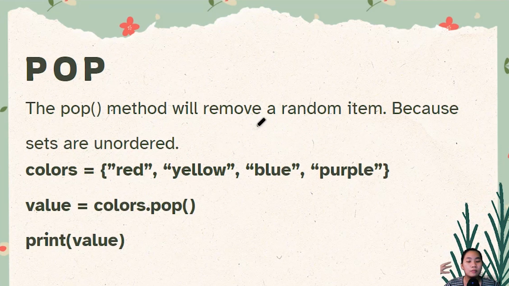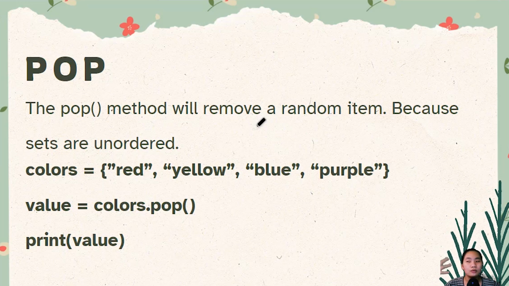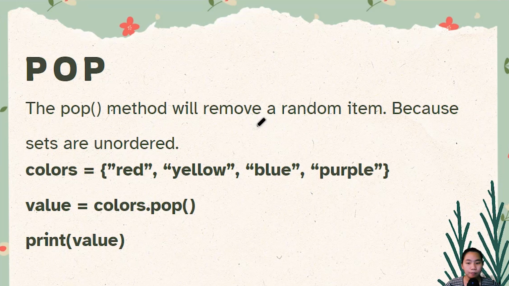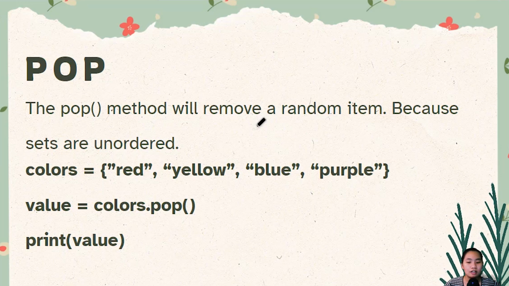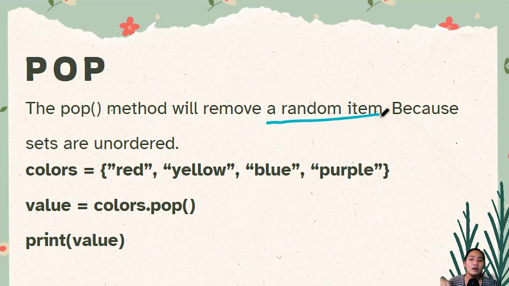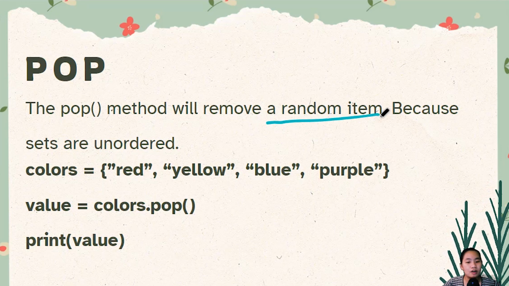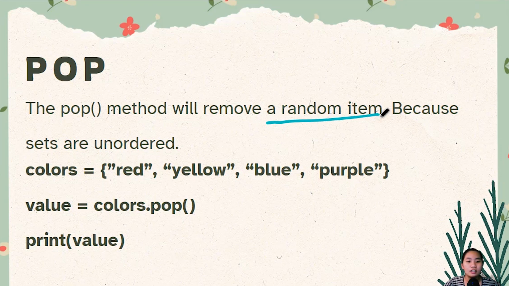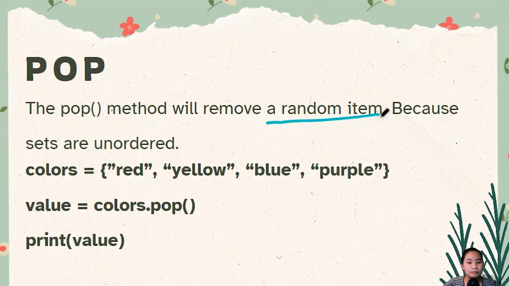Okay, now with pop. Usually with pop and other data types, with a list, for example, it will remove the last item. But since sets are unordered, the interaction with these methods is a bit different, and pop will remove a random item because items have no set order, so none of them is the last item.